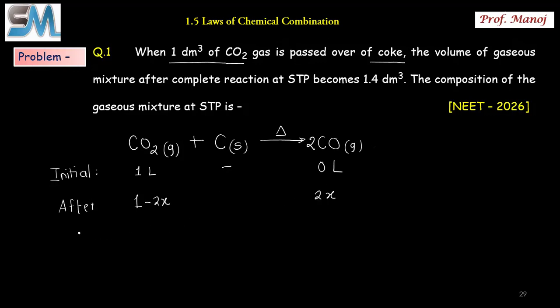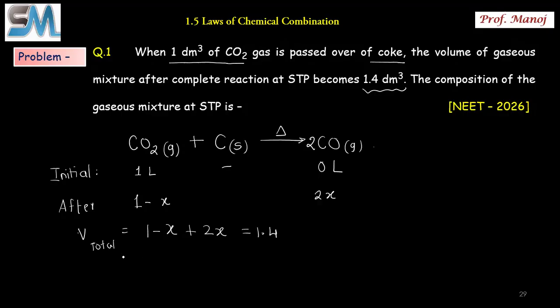So now let us calculate the total final volume. And how much is that? 1 minus x. Oh, I'm sorry, this is not 2x. This is going to be x because it's only one molecule used here. So 1 minus x of carbon dioxide plus 2x. And this amount they have said is 1.4 decimeter cube.